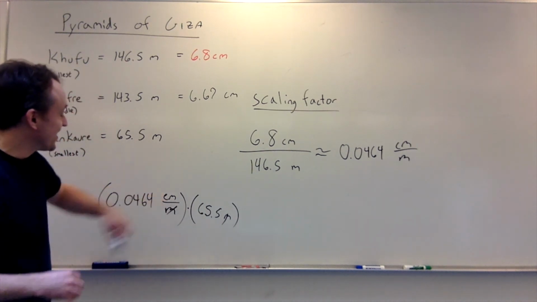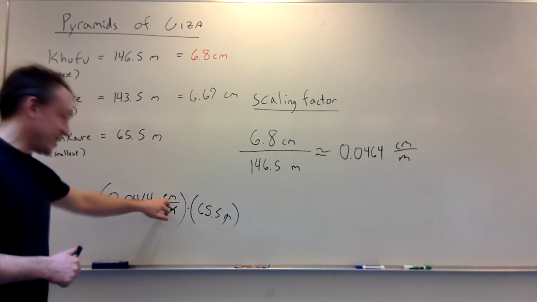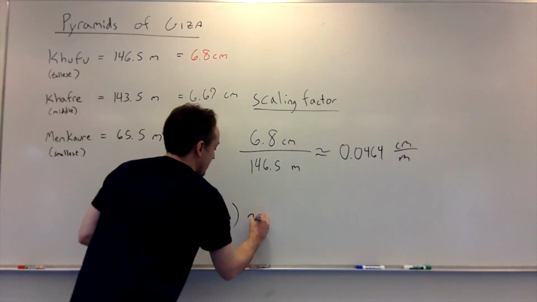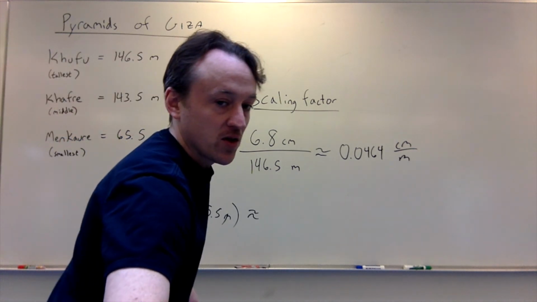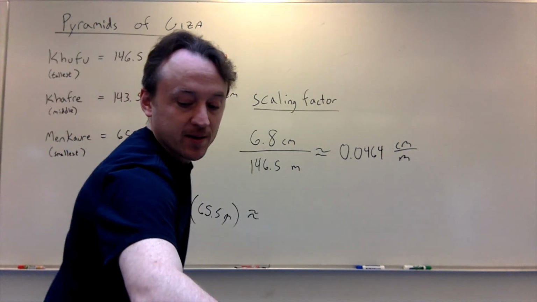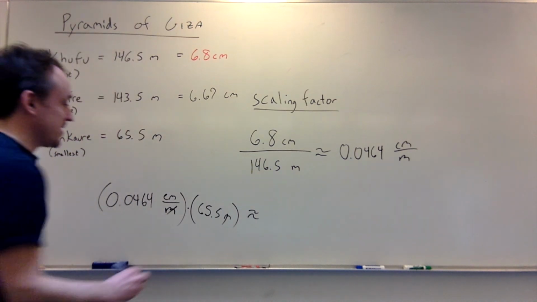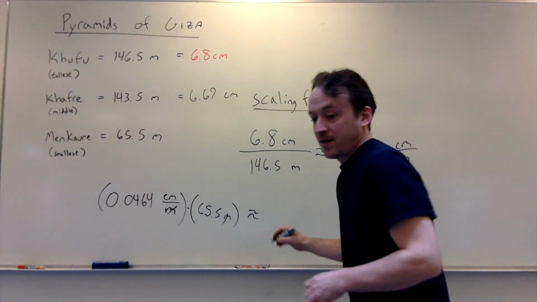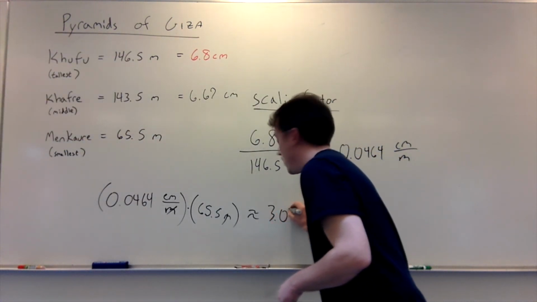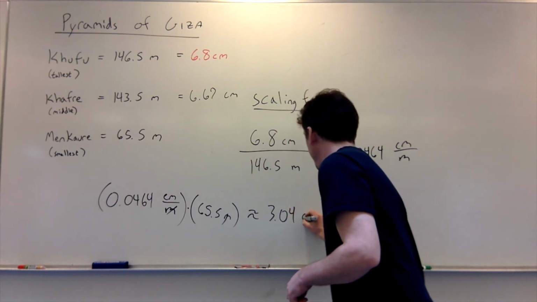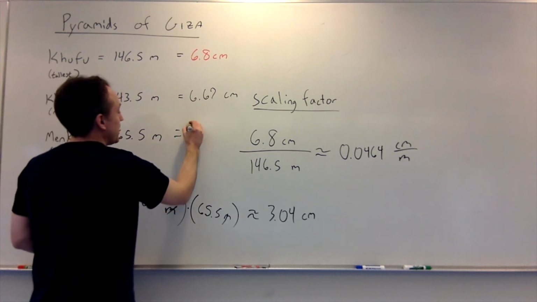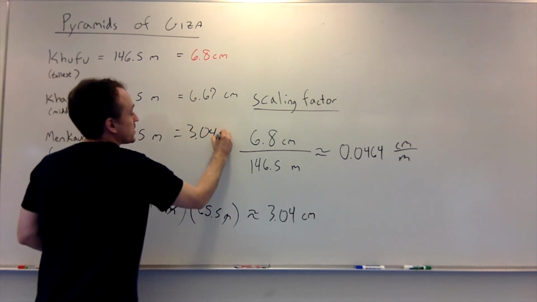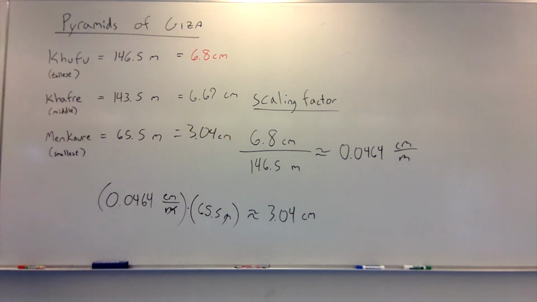So the centimeters is what's going to be left here, and my answer then is going to be in centimeters. So I'm scaling this down to what this should be in this scale model. Okay, so it turns out that if you multiply this out, you get 3.04 centimeters. So that's how tall it should be. So let's write that up here, 3.04 centimeters. Okay, so it's that simple.